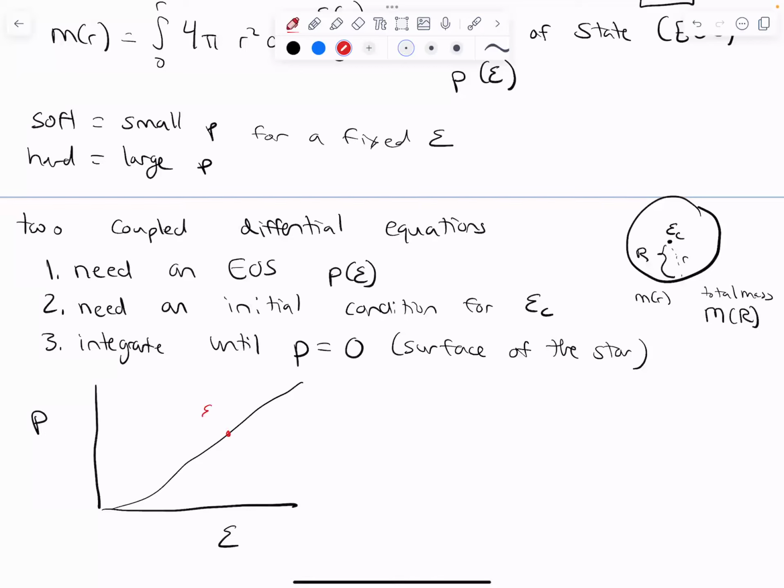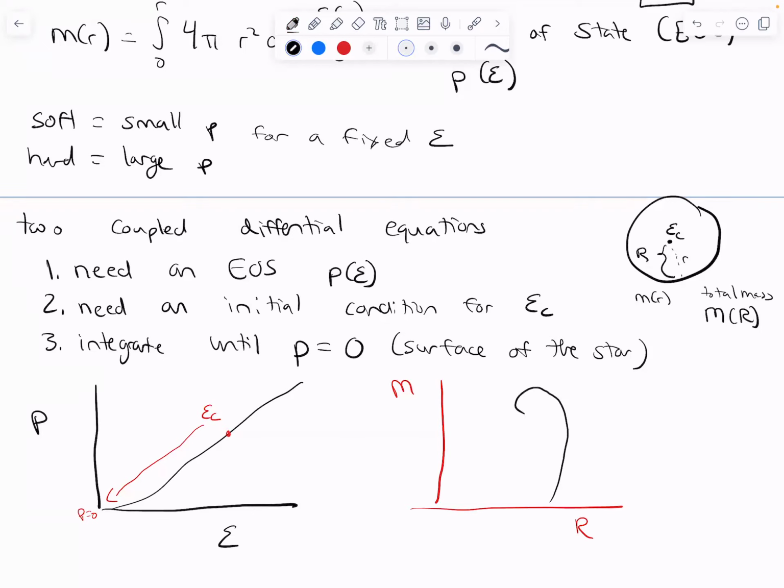This is my central density. And then I integrate outwards until I hit P equal to 0. That will give me a relationship between the mass and the radius. Let me switch that over. That looks kind of like this.